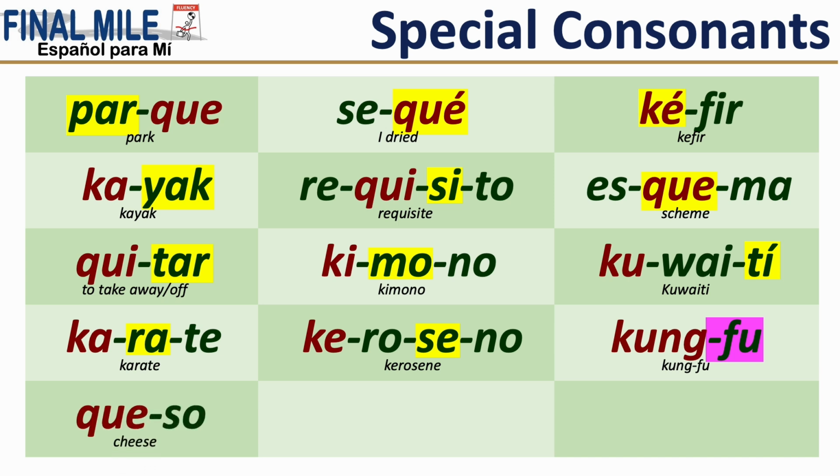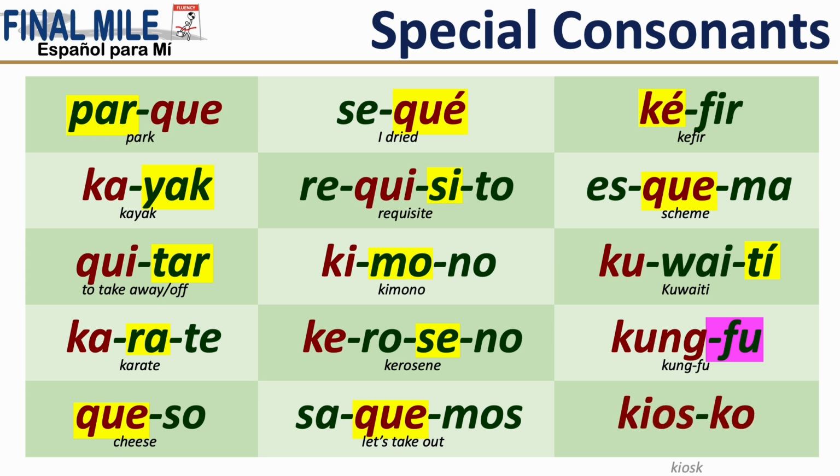This one actually is interesting because it is a hyphenated word in Spanish. So the emphasis is on the fu. It's like it's said like two separate words. Kung fu. Queso. Saquemos.